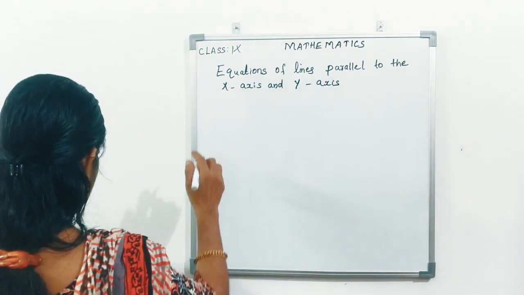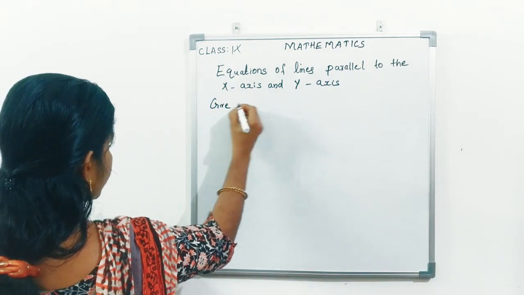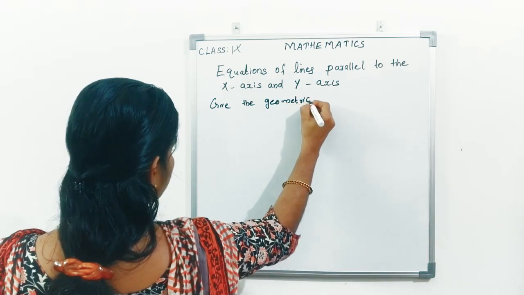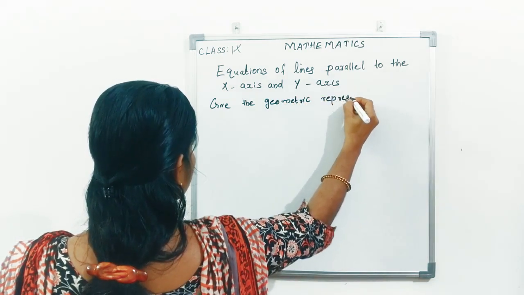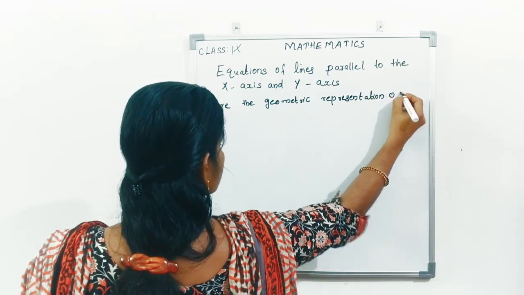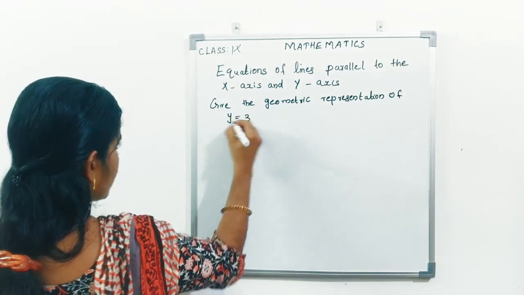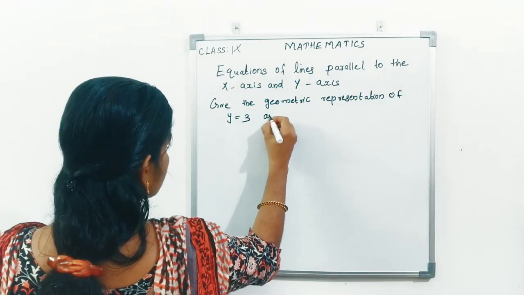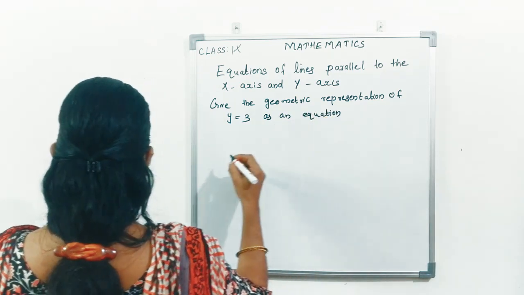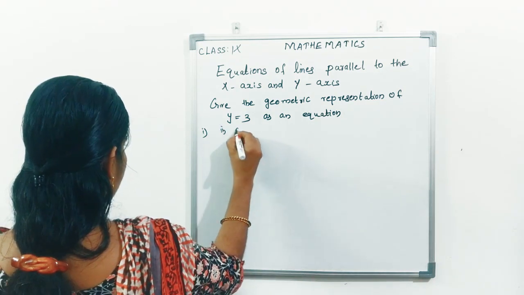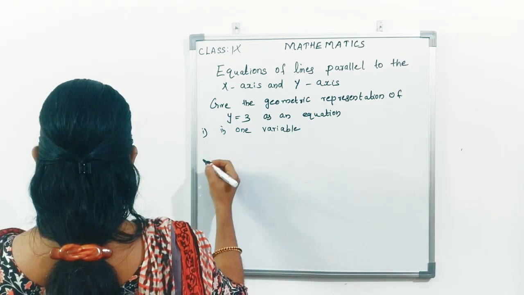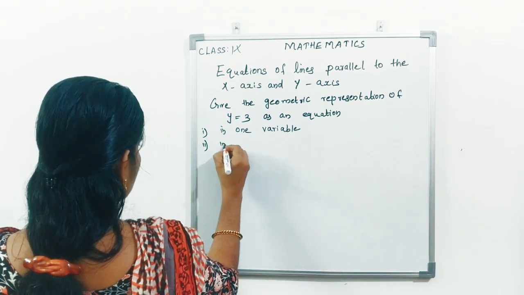Give the geometric representation of y is equal to 3 as an equation number 1 in one variable and number 2 in two variables.